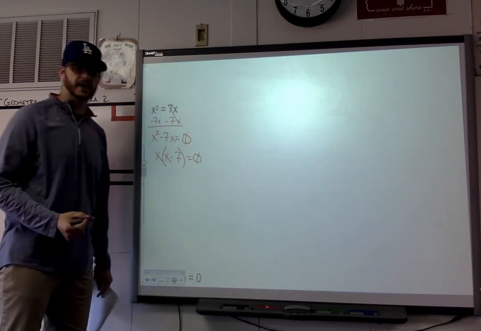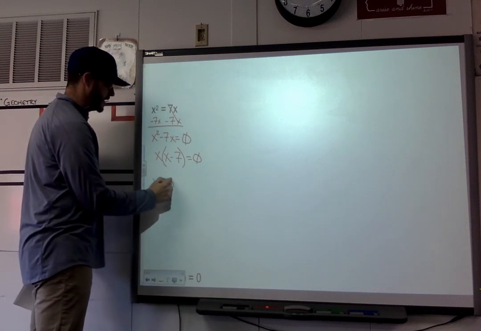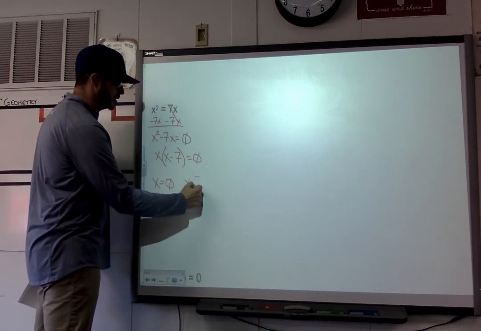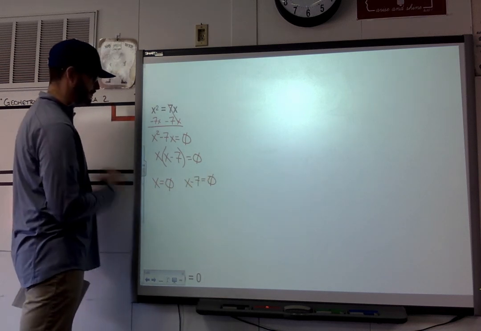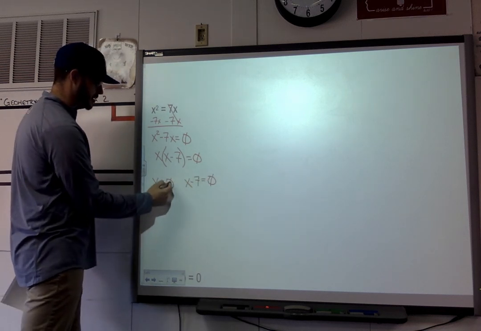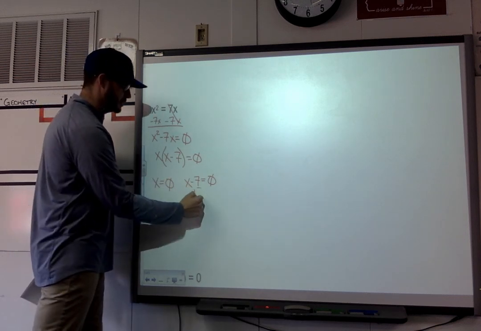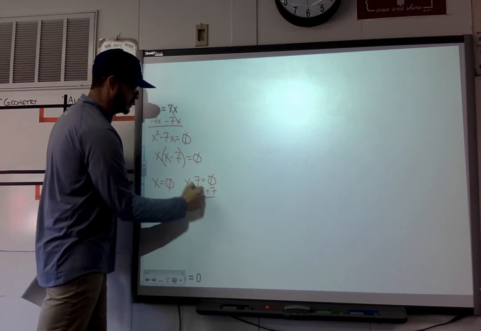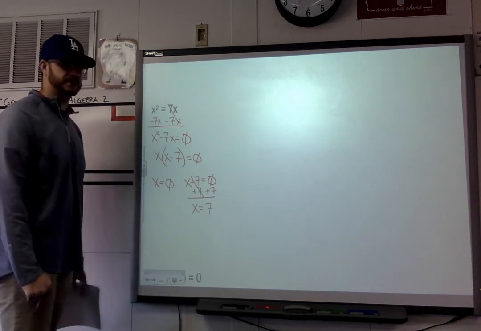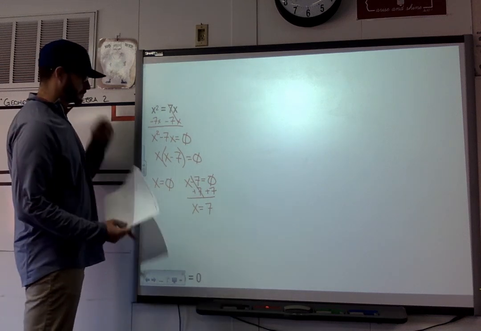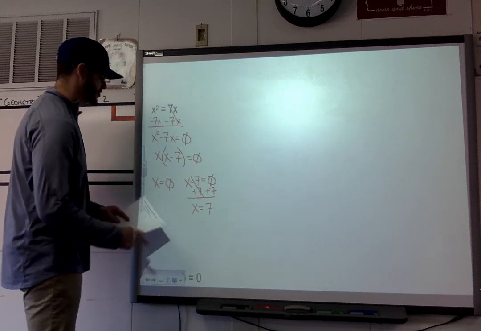Now, we can go ahead and set each of those equal to 0. So we can say x equals 0, and we can say x minus 7 equals 0. So here, x equals 0, we've got the answer already. Here we just need to add 7, and we get our solution of x equals 7. Now again, we can plug these in to check to make sure they work.